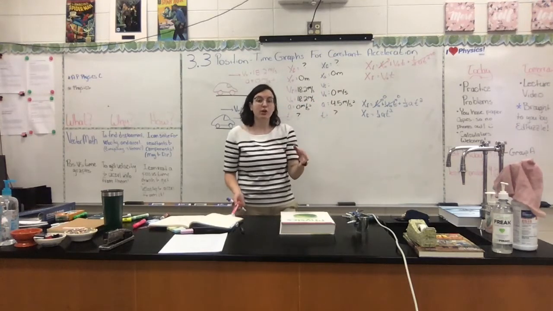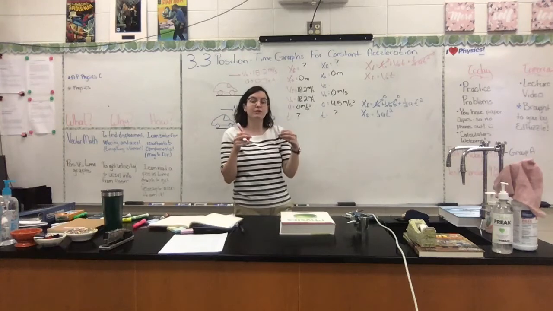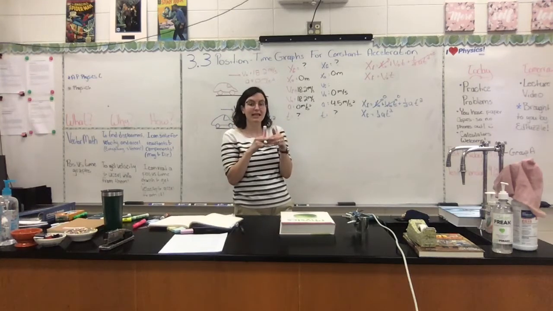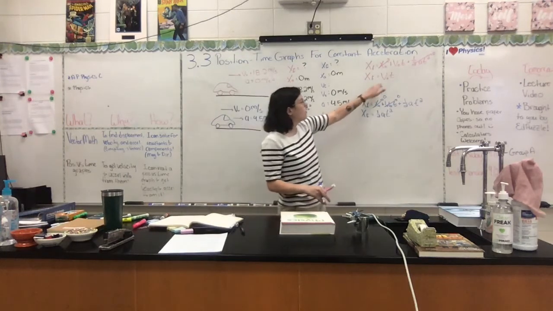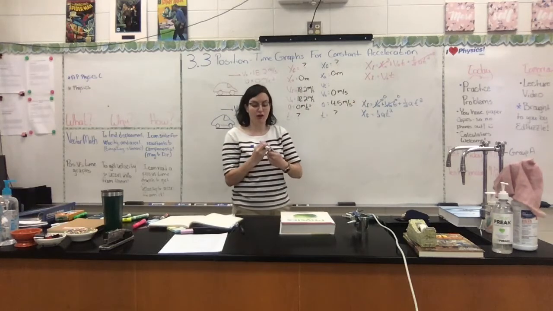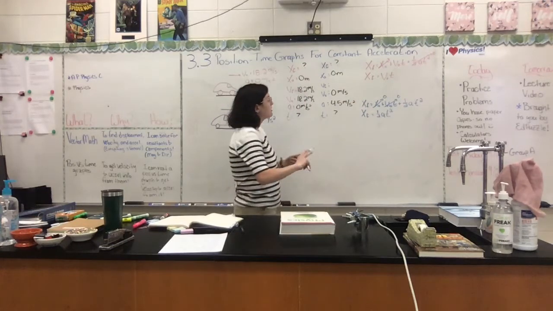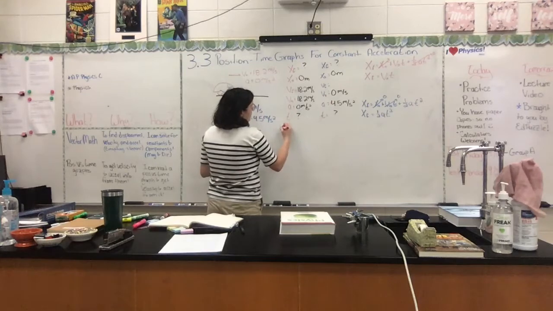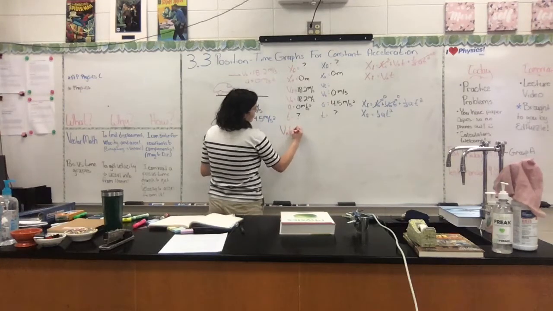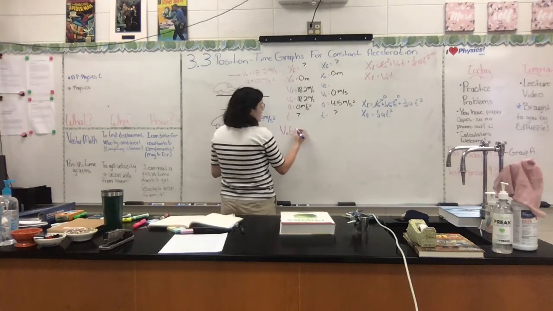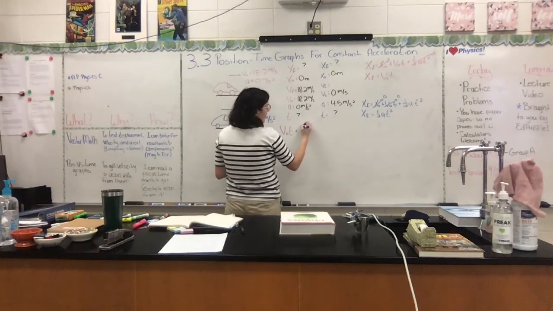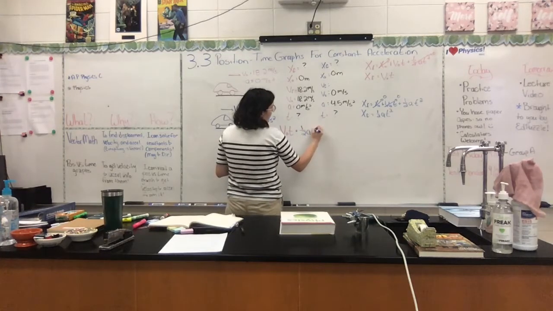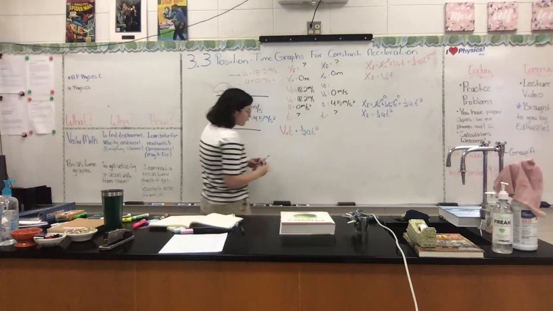Now, just like with our equation of motion, what we're going to want to do to find out when and where they meet is set these two equations equal to each other and solve for t. So when we do that, we're going to have the equation of the speeder, which is v naught t, equals the equation of the cop, which is 1/2 a t squared.